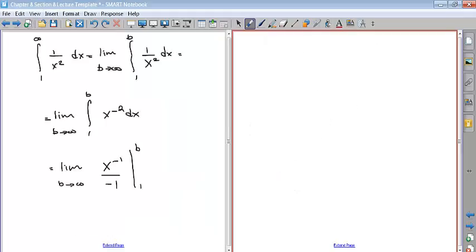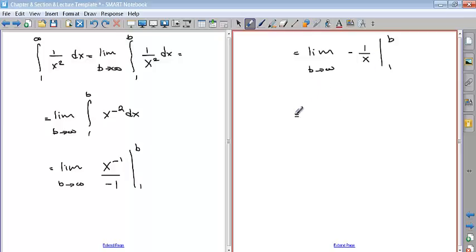So remember, once you've completed the integration, you've applied the integration rule, you don't have the integration sign anymore. And because I have limits, I don't add the arbitrary constant c. So before I actually plug in the limits, let's rewrite it as negative 1 over x, evaluated between 1 and b. So what I've done is the negative sign, and the denominator becomes x to the first power, which is x.